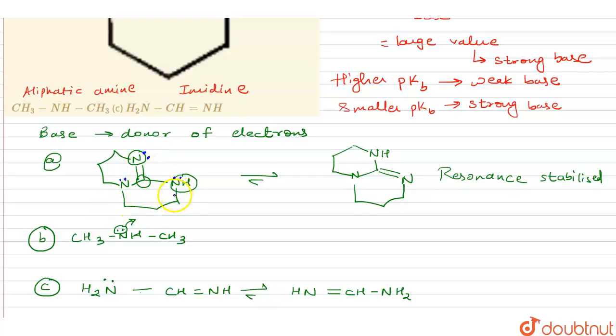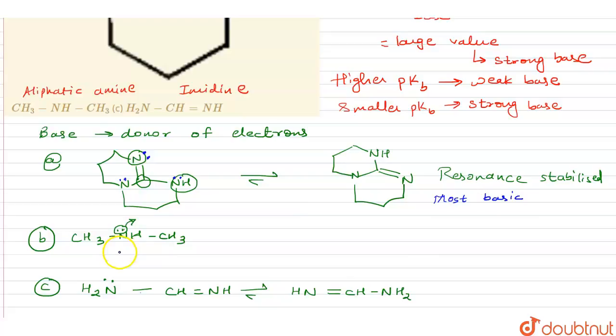The double bond over here is definitely going to delocalize from one point to the other, but still we do have the availability of the lone pair of electrons from the other 2 nitrogen atoms which are going to stay back. So since guanidine contains 2 nitrogen atoms and a whole resonance stabilization structure is there, we can say that it is going to be the most basic of all. What about B?